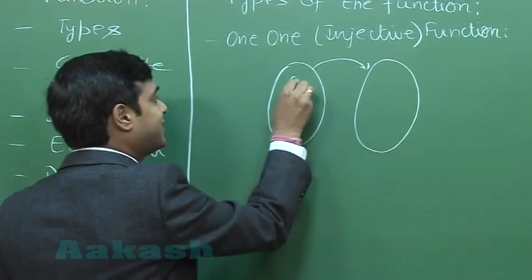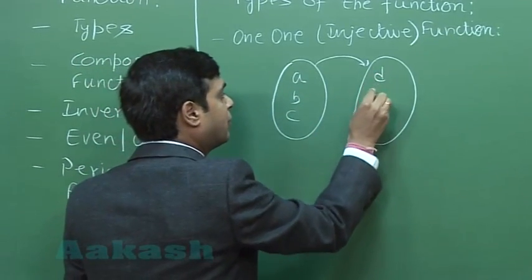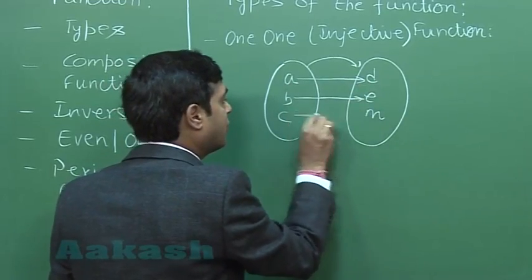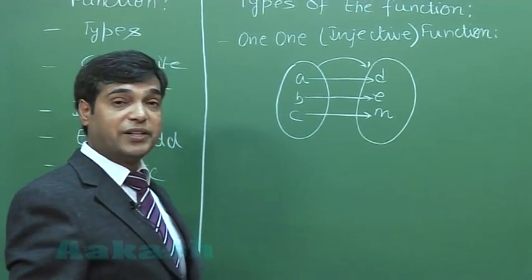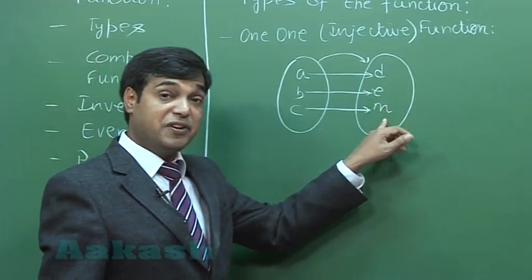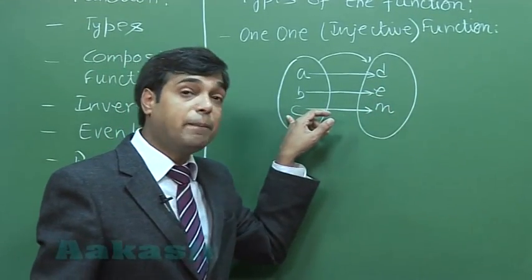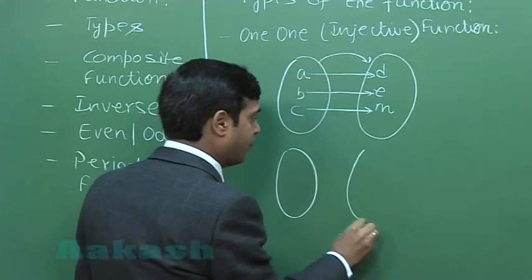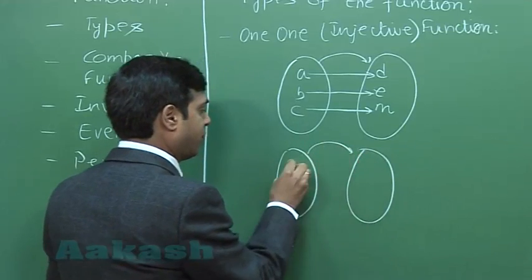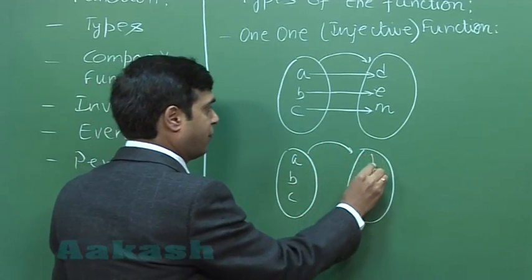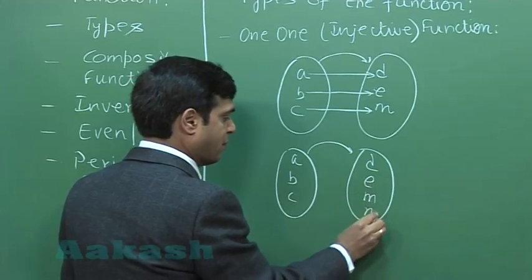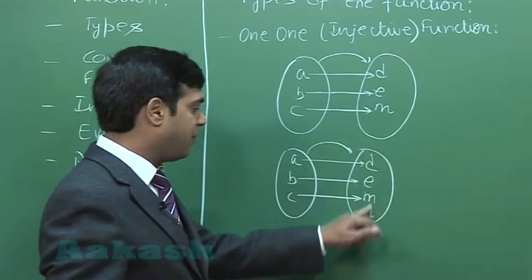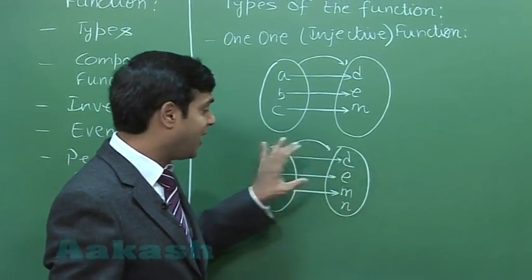Through Venn diagram, we can say this is called one-one function. Every element of set B, whichever related, has just one pre-image in set A. Now there are 4 elements in set B, but only 3 have pre-images.